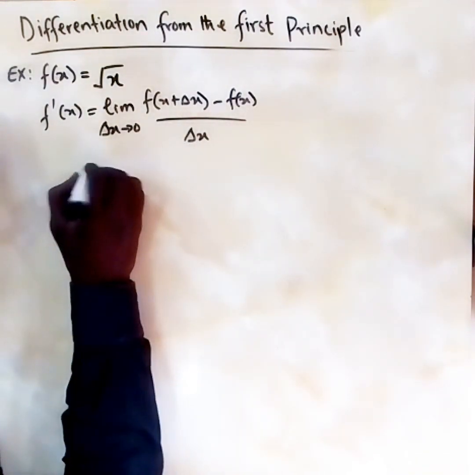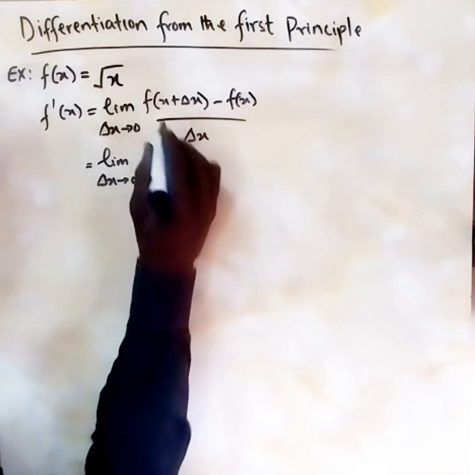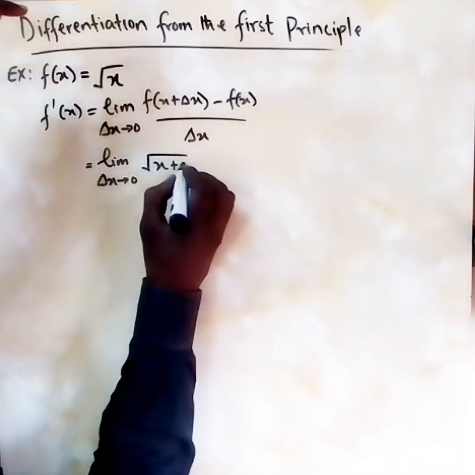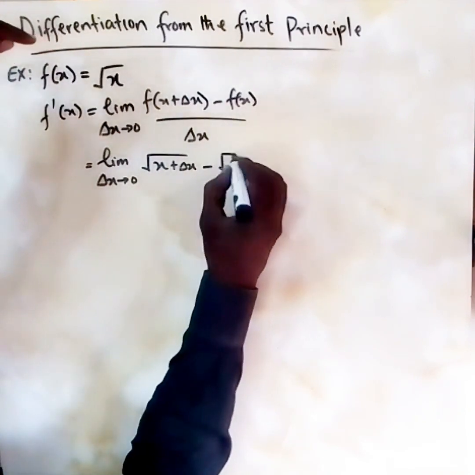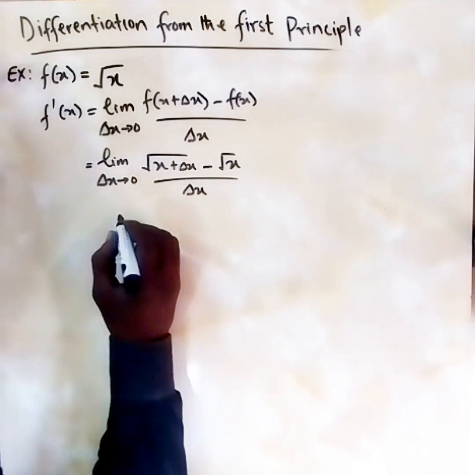So this is equal to the limit as delta x approaches 0 of f of x plus delta x, which is the square root of x plus delta x, minus f of x, which is the square root of x, all over delta x.